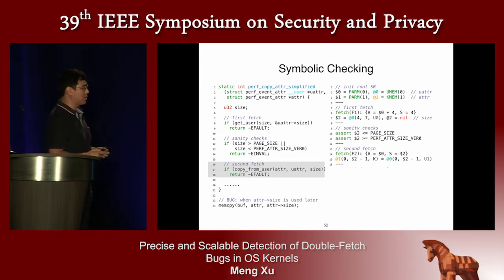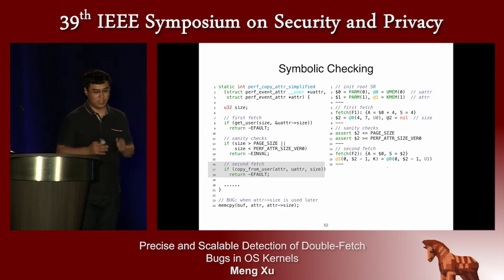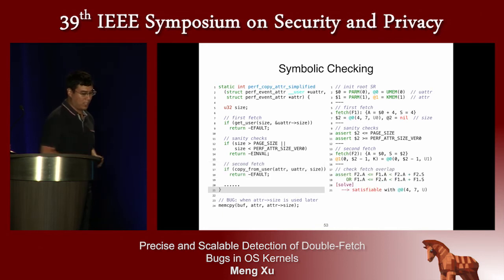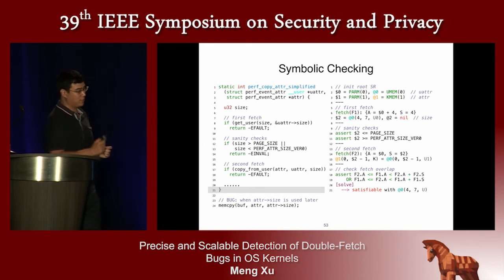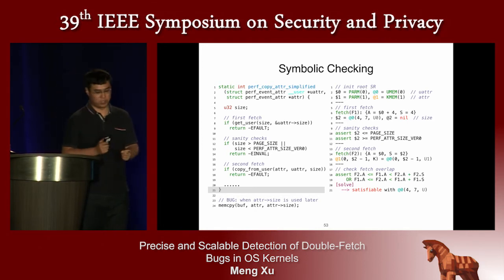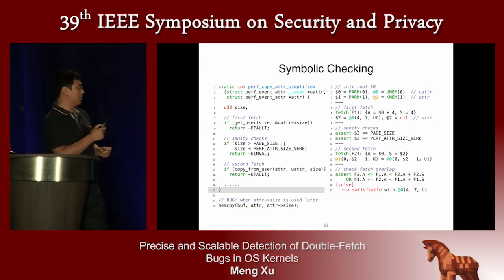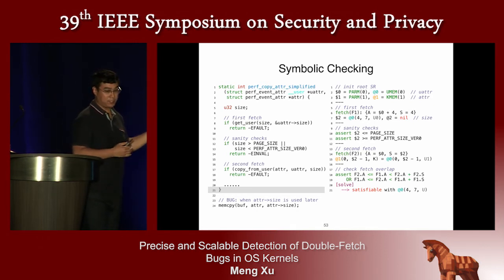Now you reach the second fetch pair, you do the same thing, and you derive A and S, which are the starting address and the size of the whole fetch. Once you reach the end of the function, you do two checks. The first check is whether there is an overlapped fetch, which means you see whether f1.a, f1.s and f2.a, f2.s satisfy a certain constraint.